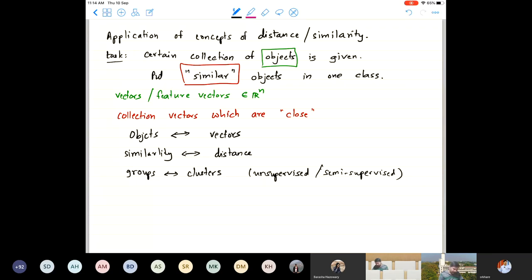So for example, suppose there are x1, x2 up to xN. These are the vectors. So x1, x2 up to xN are vectors in R^n. There are capital N number of them, and this is generally called data.